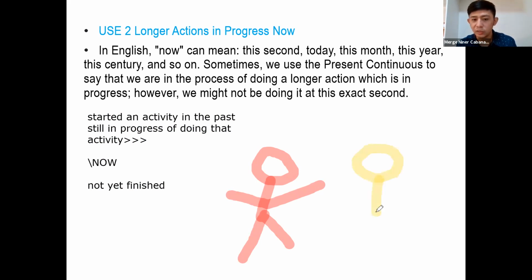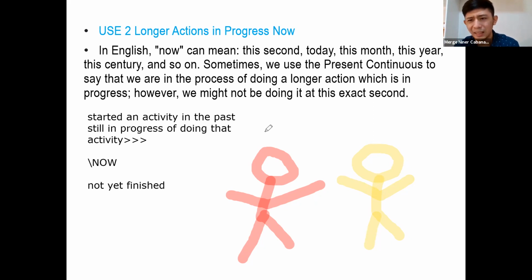You bump into each other, and your friend asks, hey, what are you doing now? Are you studying? Are you working? And you say, I am studying. You're in the restaurant, and this is how you will answer: I am studying. I am taking up the course medicine.